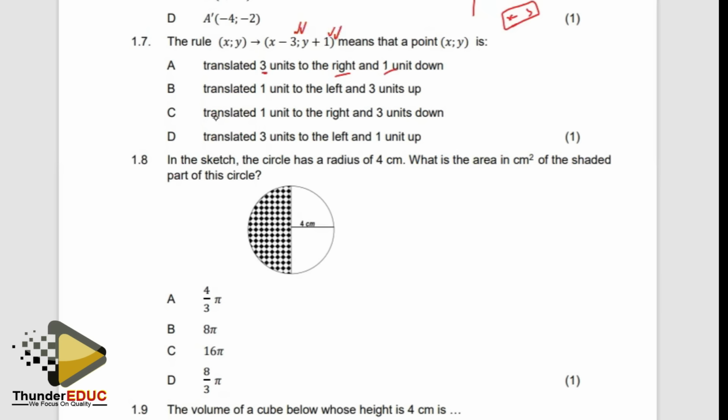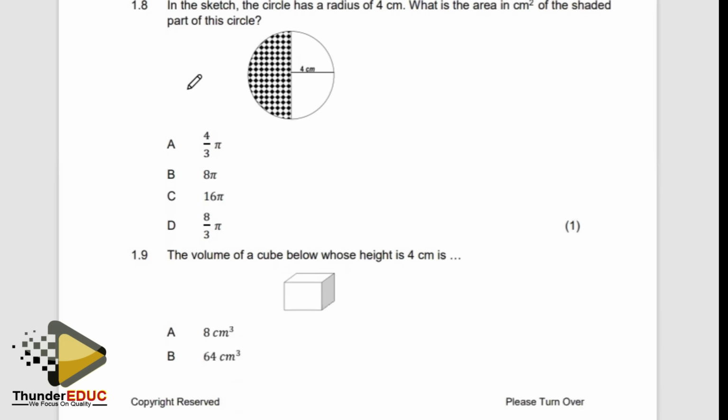Vertically, we're using 1, which means with the y, it's going to move 1 unit upwards. So 1 unit up, there we go. I think the best option is 3 units to the left, since we are subtracting a 3, and then 1 unit up. So option D. A minus in the horizontal means to the left. A minus in the vertical means down. And the opposite is true.